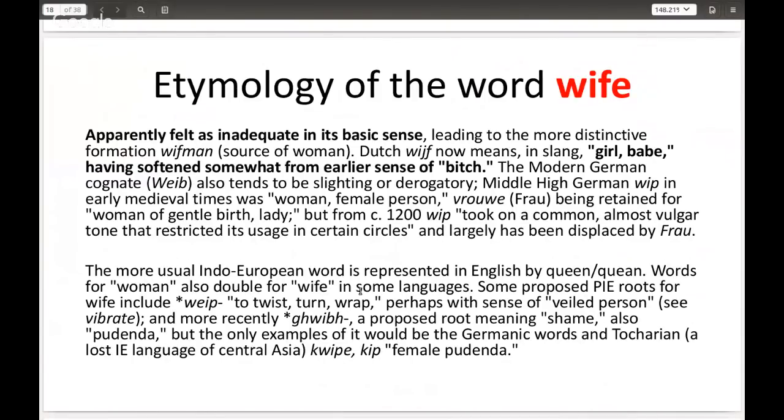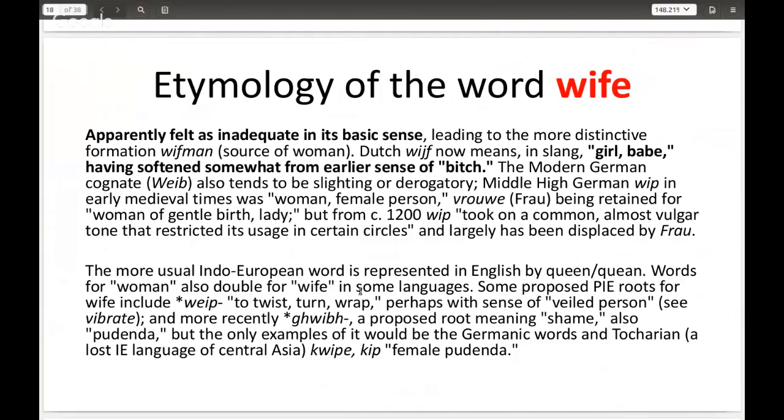was felt to have an underlying semantic relationship to inadequacy. Its basic sense is inadequate, leading to a more distinctive formation with men. So it's the inadequacy, the female as an inadequate being, which leads to the more distinctive formation with men.